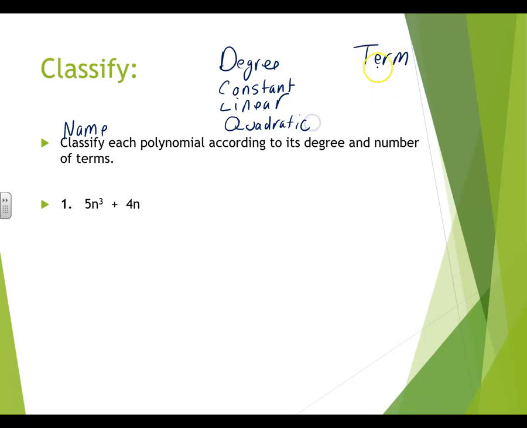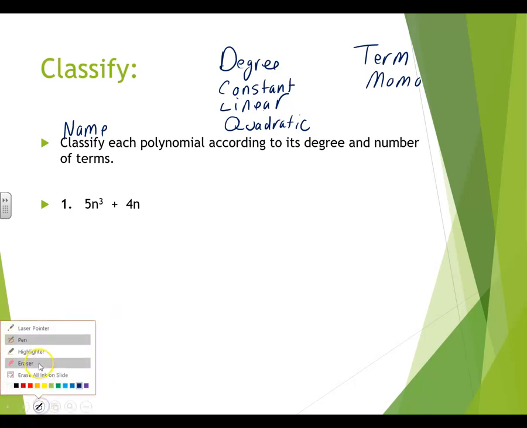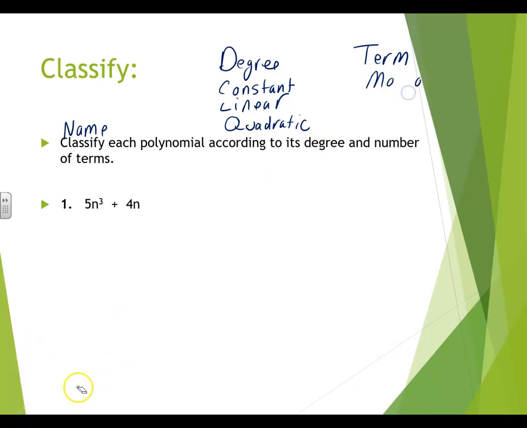And then when I say how many terms, you'd go monomial. Not momo. Monomial, binomial, trinomial, and polynomial. All right, so let's look at the degree first.